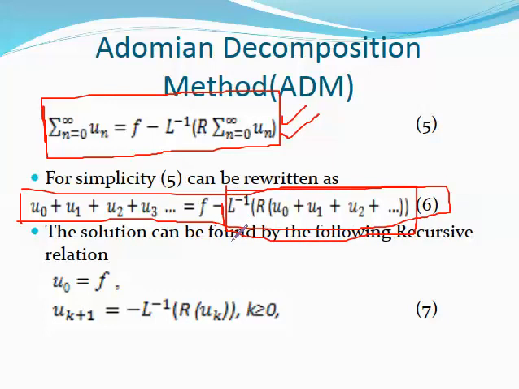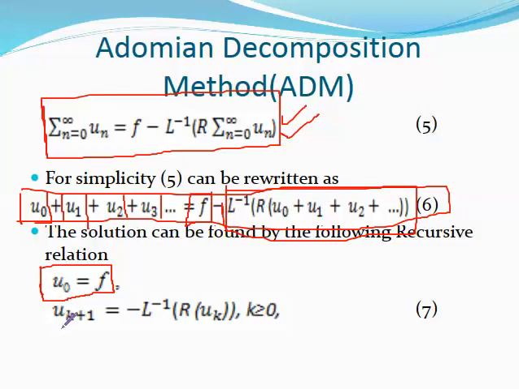So this u naught is equal to this dummy function, which is the solution of the source term. So we claim that u naught is equal to f, and all other terms like u1, u2, u3, and so on have solutions in this remainder term.